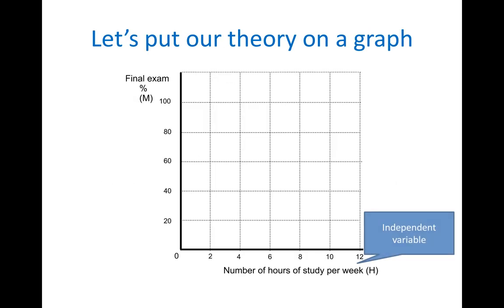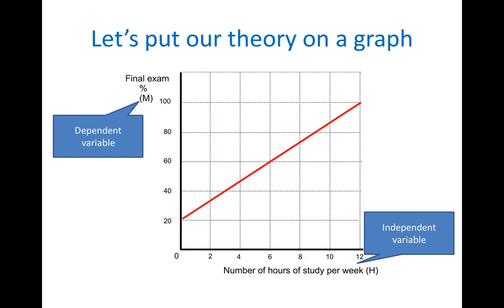So we start by putting the independent variable, which is the number of hours of study a week, on the horizontal axis, and the dependent variable, which in this case is final exam percentage, on the vertical axis: 20, 40, 60, etc. Then we draw a line which gives us a theoretical relationship between these two variables.